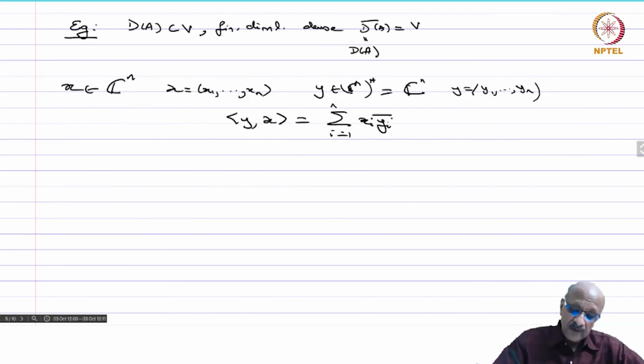This is the convention. If you have R n to R n, then this conjugate won't be there, it will be just the sum of xi yi.